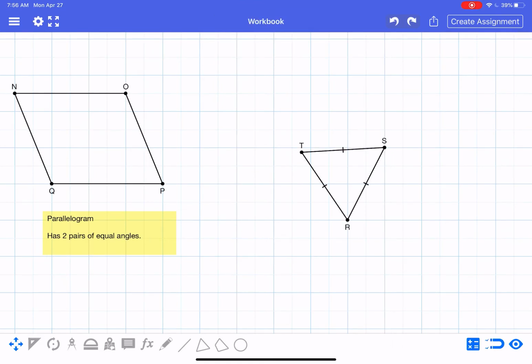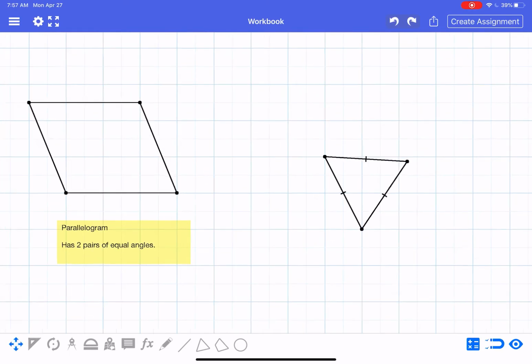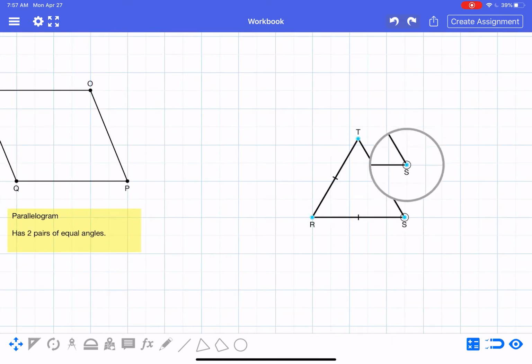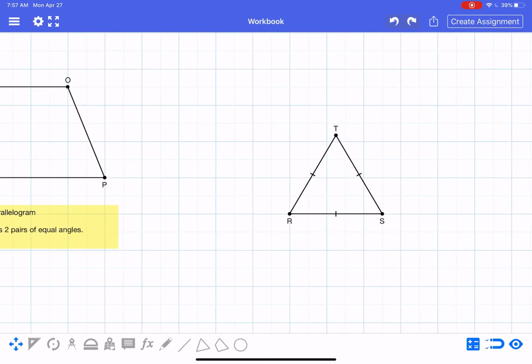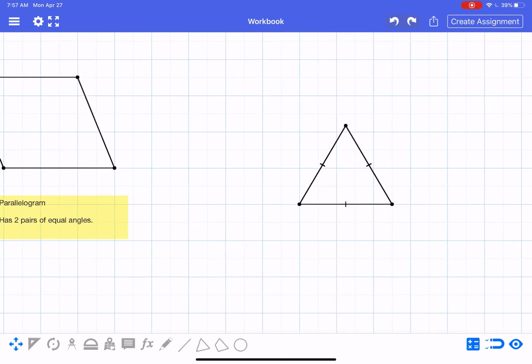I don't like the way that turned out. Can I move it? There. Okay. I'll lock this thing in place.